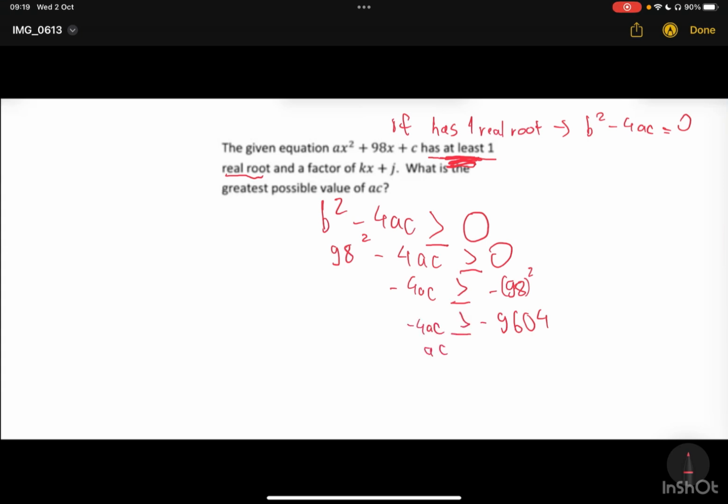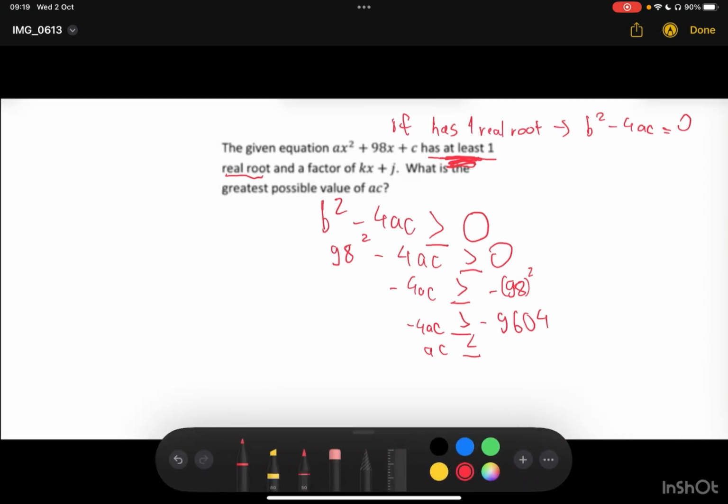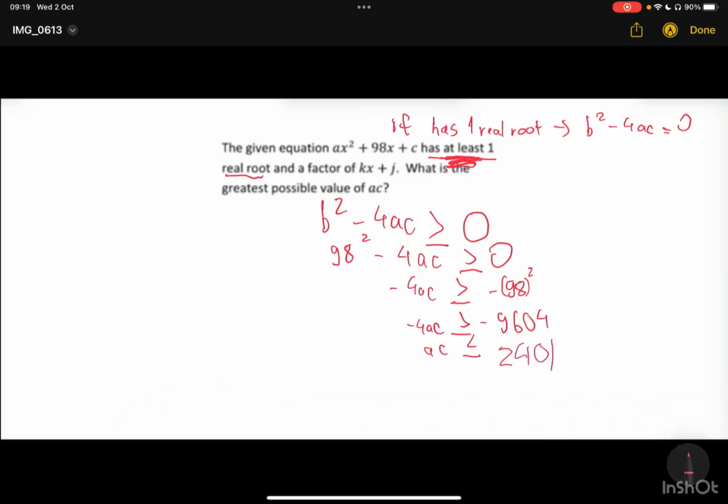So ac is less than or equal to 9,604 divided by 4, which is 2,401. So the greatest possible value is going to be 2,400.